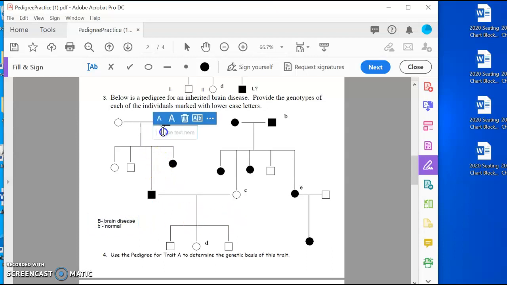So once again, everybody who's colored in must have one big B in order to have the brain disease. So we're going to give them all one big B. I got one left. And that means all these guys that are not colored in must be normal, and they're going to have two little b's.